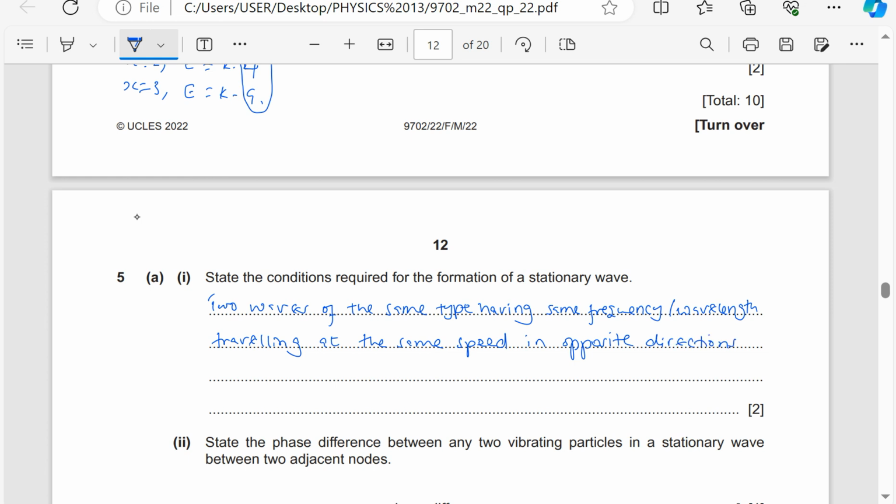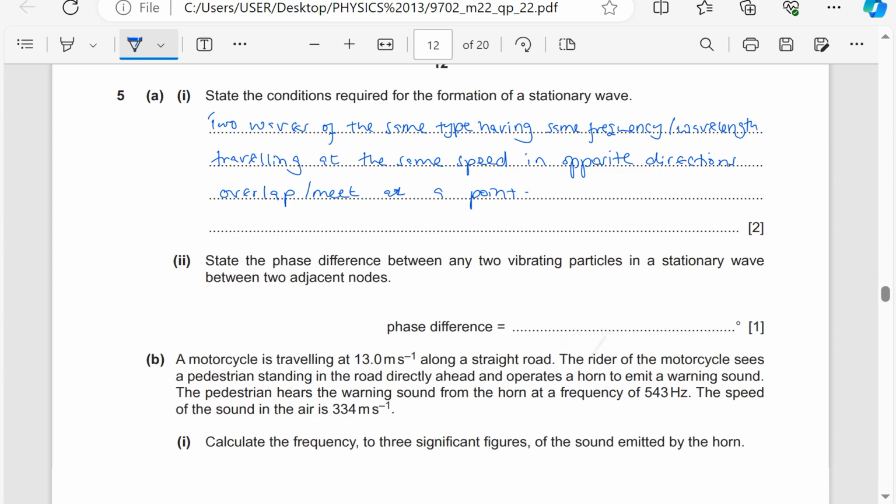So they overlap at a point or meet at a point. So if they meet at a point, then they will form a stationary wave.